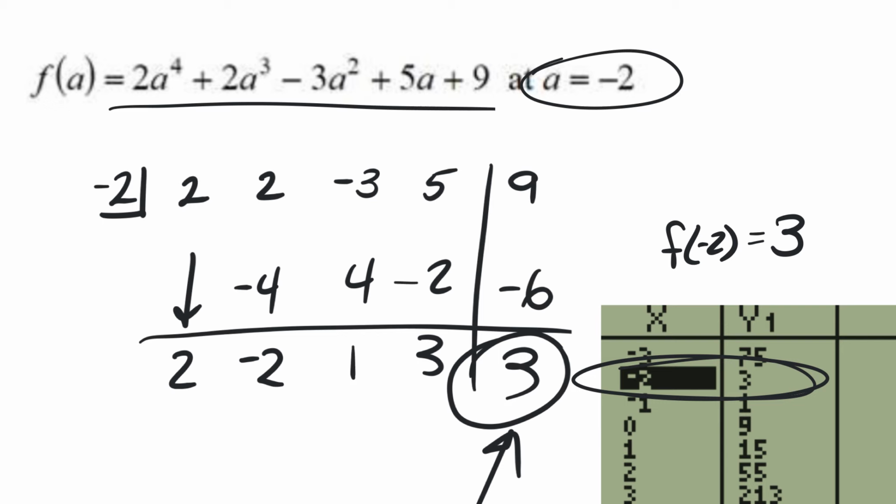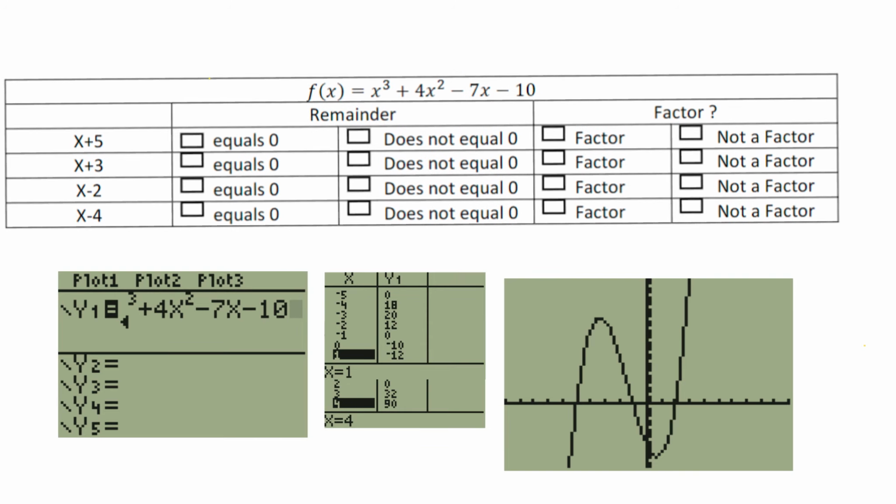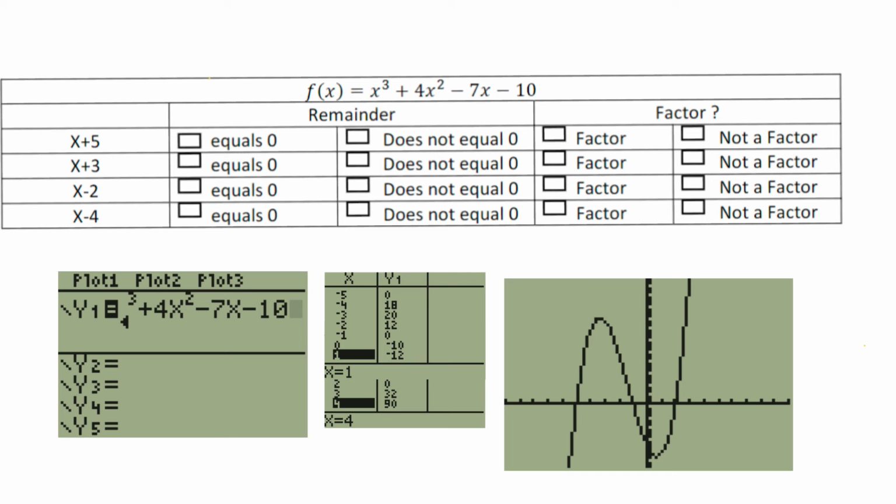All right, so as we look at this question, what we see is we're given an expression here, and we're asked to determine some things about this. Now, one thing we need to understand at the heart of this, if you learn nothing else about polynomials, I hope you learn that wherever it crosses the x-axis is a solution, and that solution is directly related to a factor.